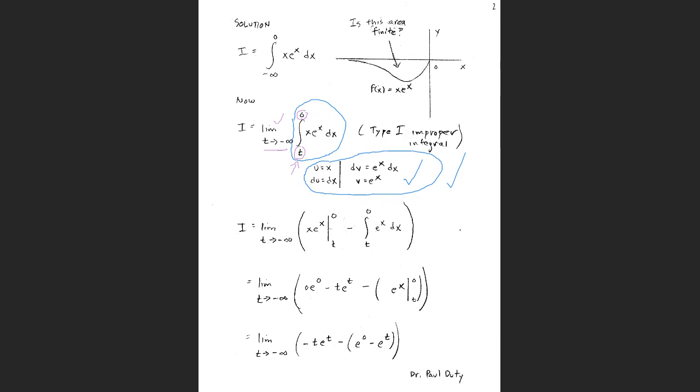We have the integral of u dv equals uv minus the integral of v du. That's our integration by parts, and so I apply that here.